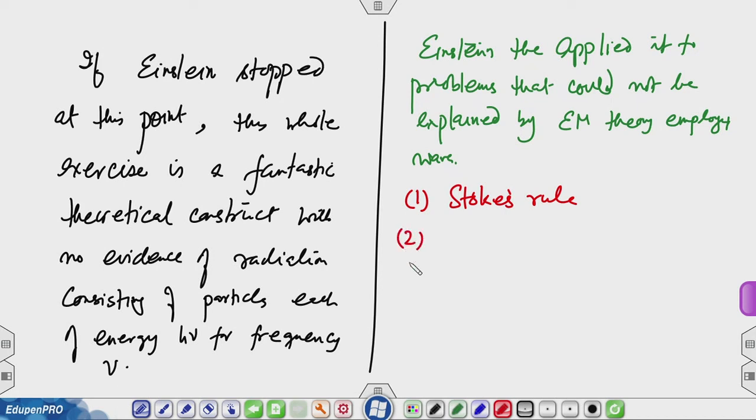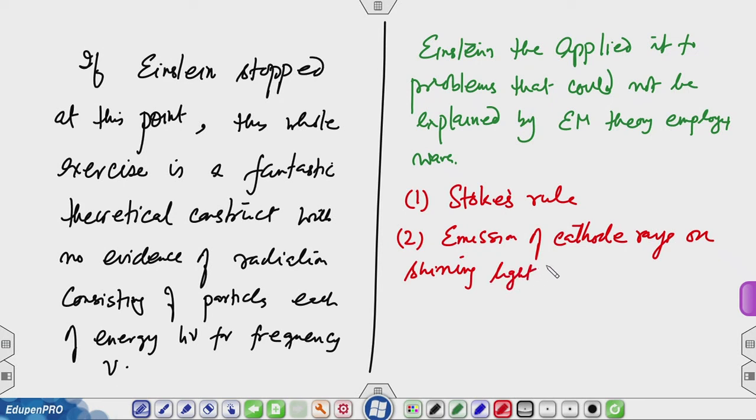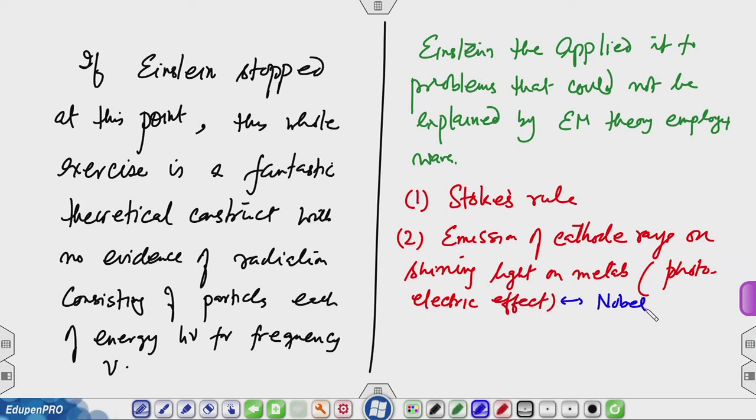Two, what he called emission of cathode rays on shining light on metals, what is now known as the photoelectric effect, and this was the Nobel Prize.